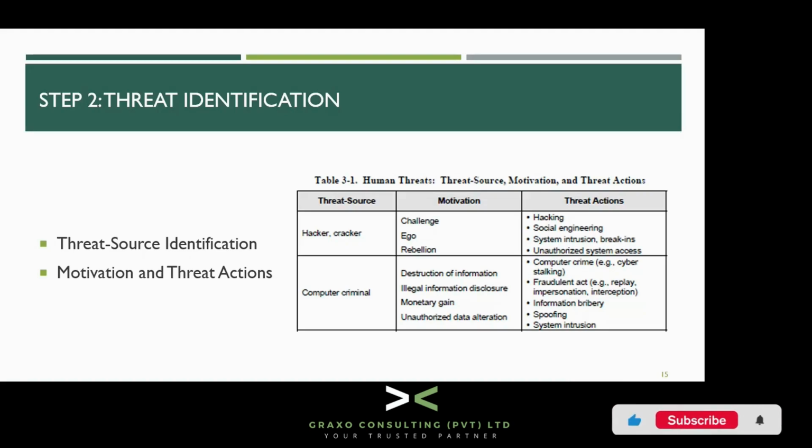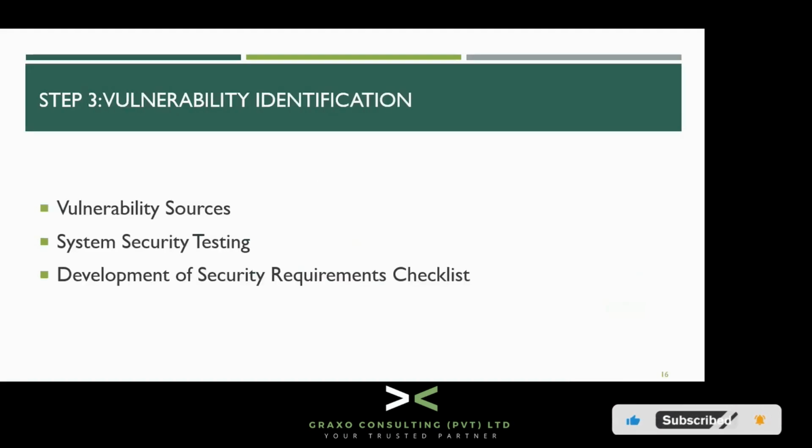Moving on to the third step, vulnerability identification. Once you have identified the threat, now we look at the vulnerability, the weakness in the system. The analysis of the threat to an IT system must include an analysis of the vulnerabilities associated with the system environment. The goal of this step is to develop a list of system vulnerabilities, flaws, or weaknesses that could be exploited by the potential threat sources that we discussed in the previous slide.